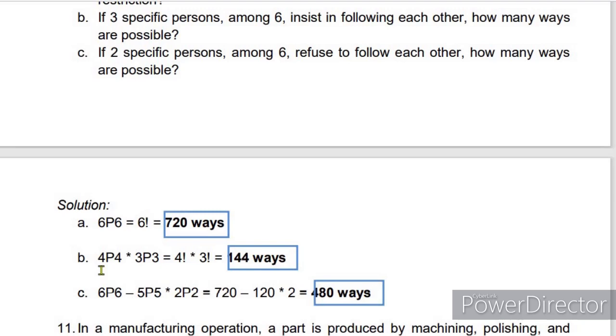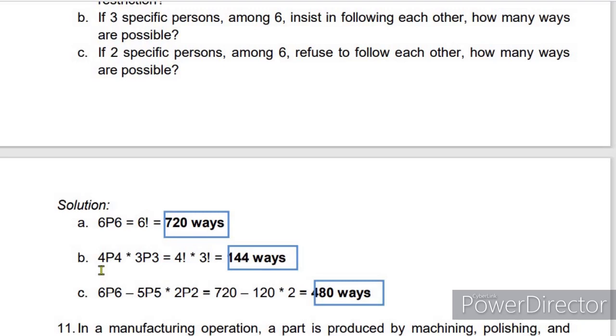So the first group will be 1 and 2. Next, the second group will be 2 and 3. Then the third group will be 3 and 4. Then the fourth group will be 4 and 5. Then the fifth group will be 5 and 6. So there is a total of 5. That's why it is 5 permutation 5. Or you can use our general formula: 6 minus 2 is equal to 4, plus 1 is equal to 5.